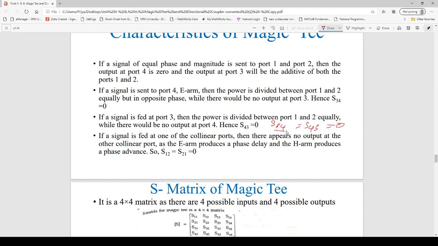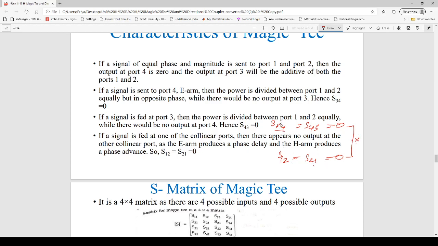In the same way, port 1 and 2 are also isolated. If the signal is fed at one collinear port, there appears no output at the other collinear port. So S12 is equal to S21 equal to 0. This is the important magic of the T.